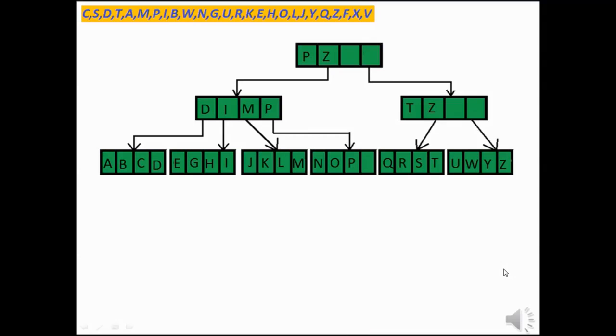Now step 16, insertion of F. This is a crucial step, so I'll be repeating the algorithm again and again. First go to the parent node. There F is less than P, right? So we'll go to the child node pointed by P. Now we come to the DIMP node at level 1, right?